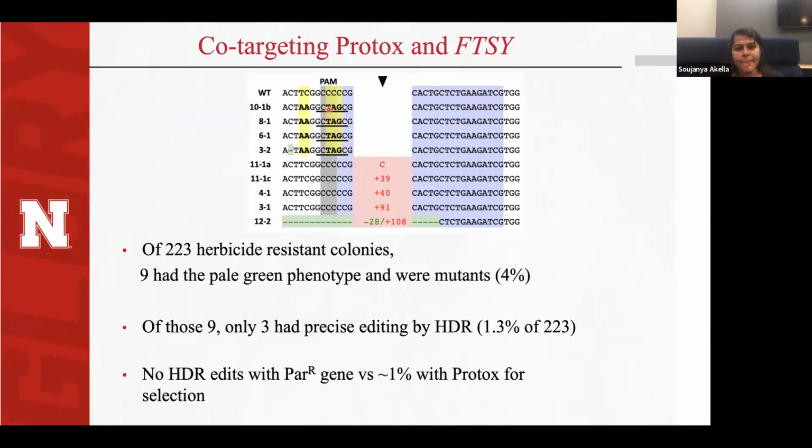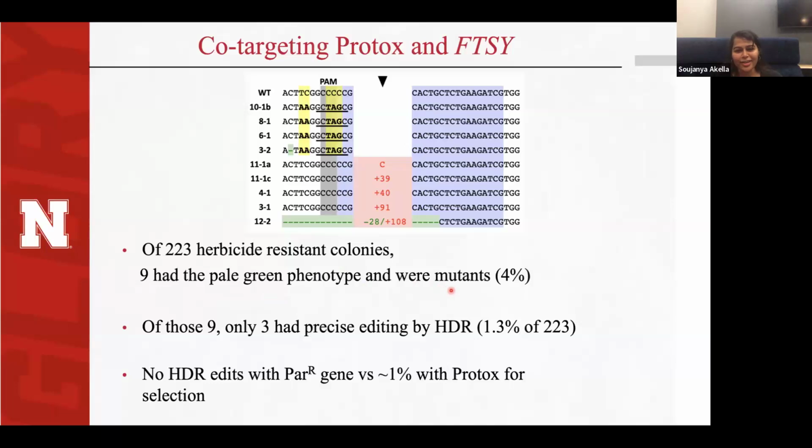Yeah, the first three you can see didn't get anything incorporated in the double strand break site, but the changes that we wanted from our donor came about, which means those were all HDR edits. So of 223 herbicide-resistant colonies, 9 had this pale green phenotype, so they were all mutants, which is 4%.